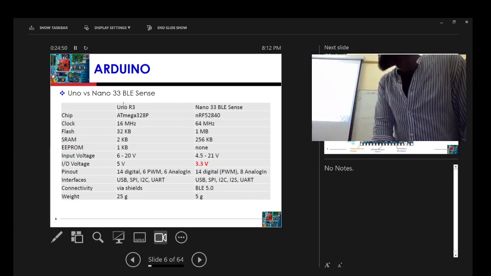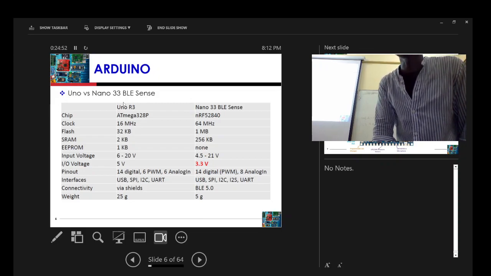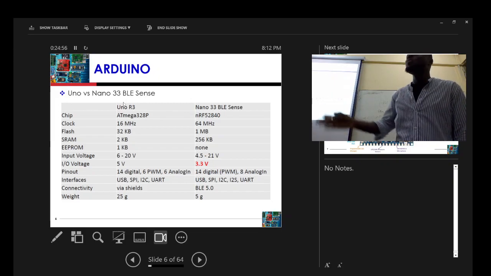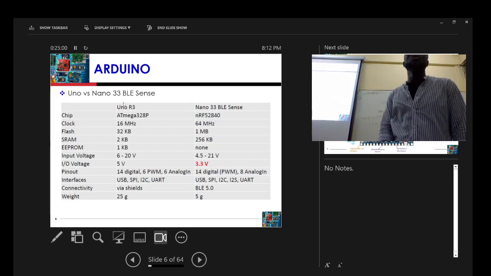The operating clock frequency is 60 megahertz for the Uno and 64 megahertz for the Nano. So in terms of operating frequency, which one is better?